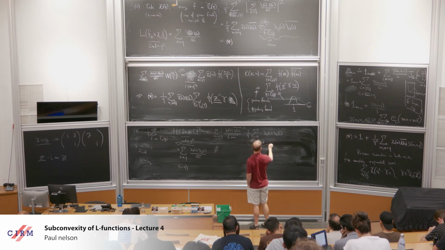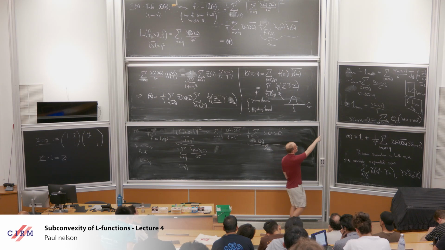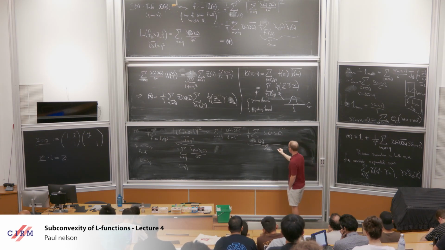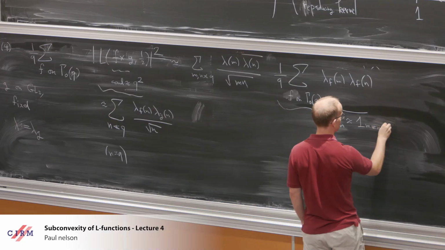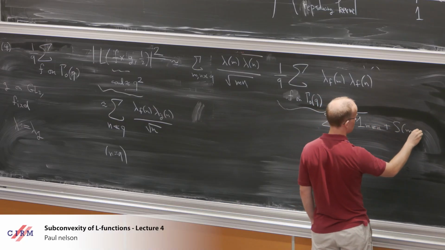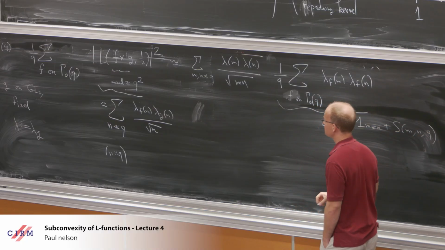So this was sigma mn, which we agreed on this upper right board was something like a diagonal contribution plus, and let's just say the Kloosterman sum S of mn q.